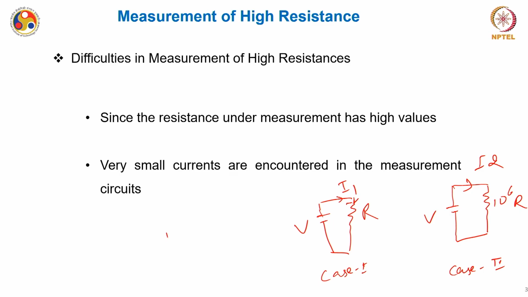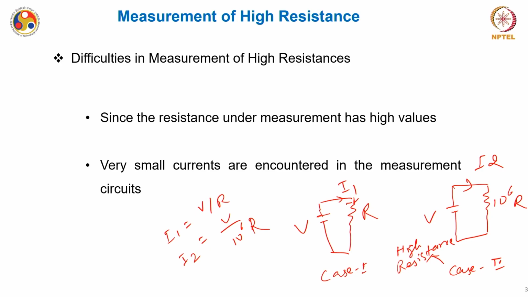So, I1 is equal to V by R, and I2 is equal to V by 10 power 6 R. The second case is the high resistance case.